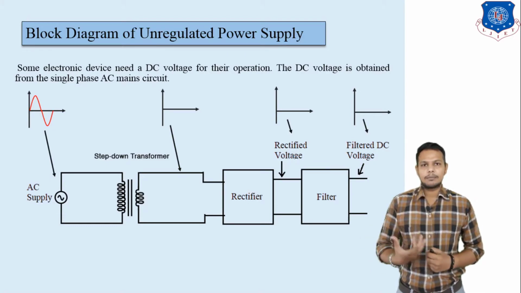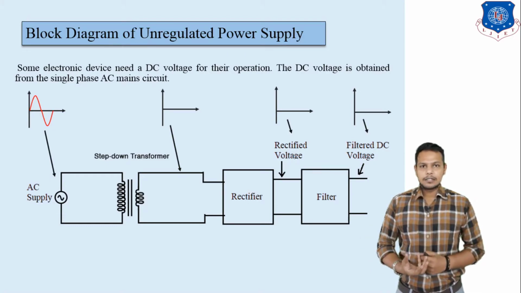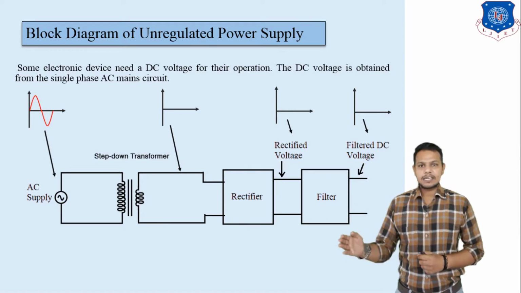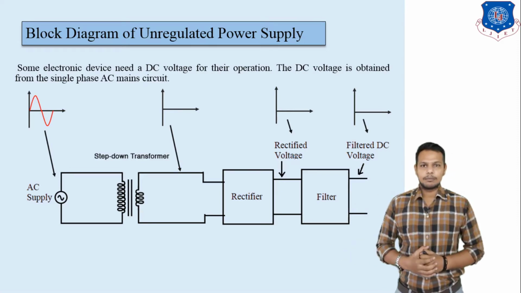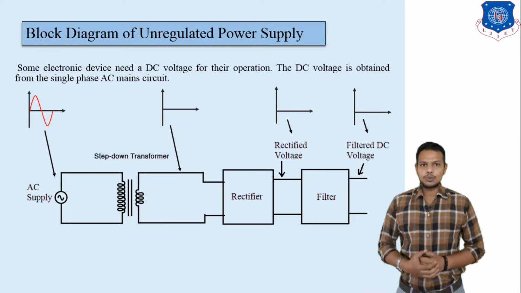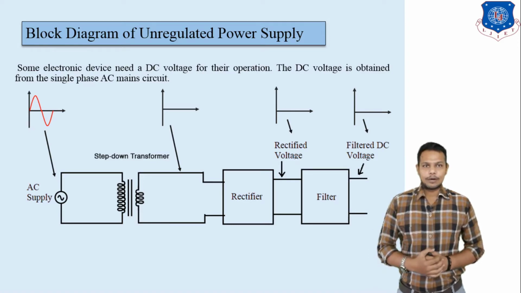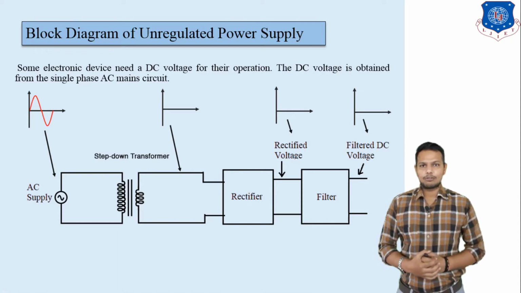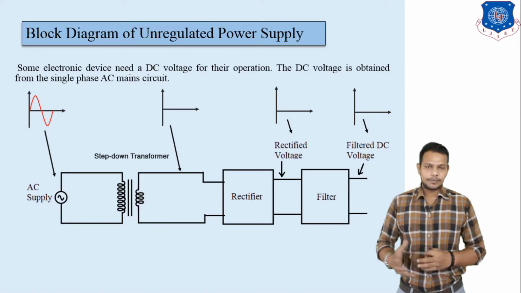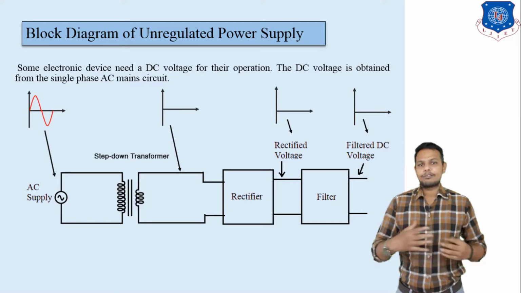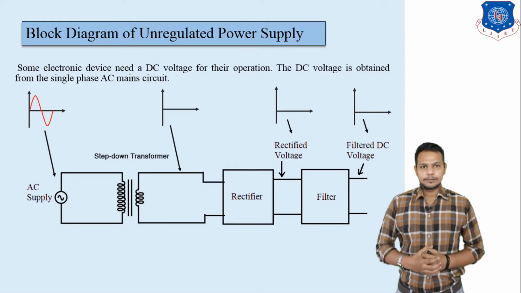Our main aim is to convert an AC waveform to a DC waveform. Some electronic devices need DC voltage for their operation. The DC voltage is obtained from the AC mains. So we can see here we are using a transformer, then a rectifier, and then finally a filter.